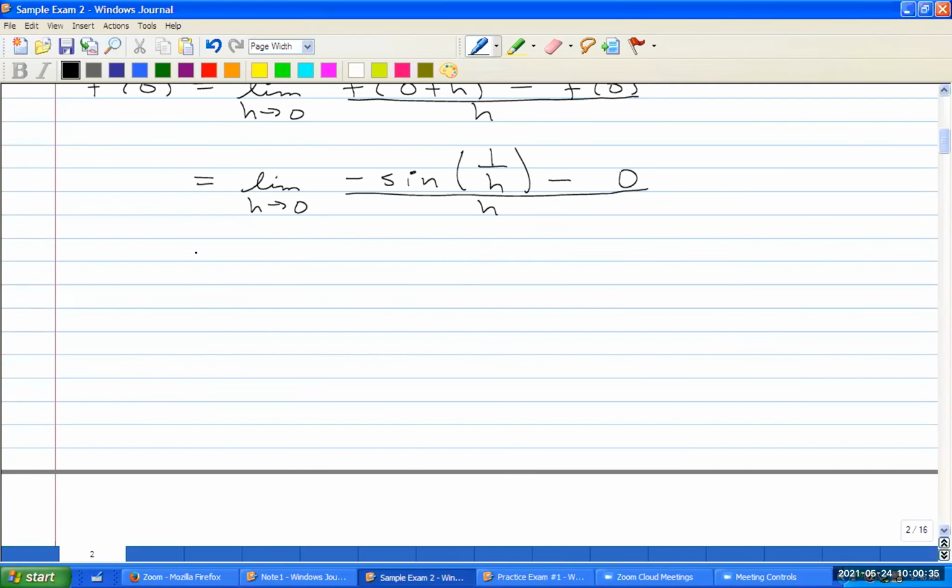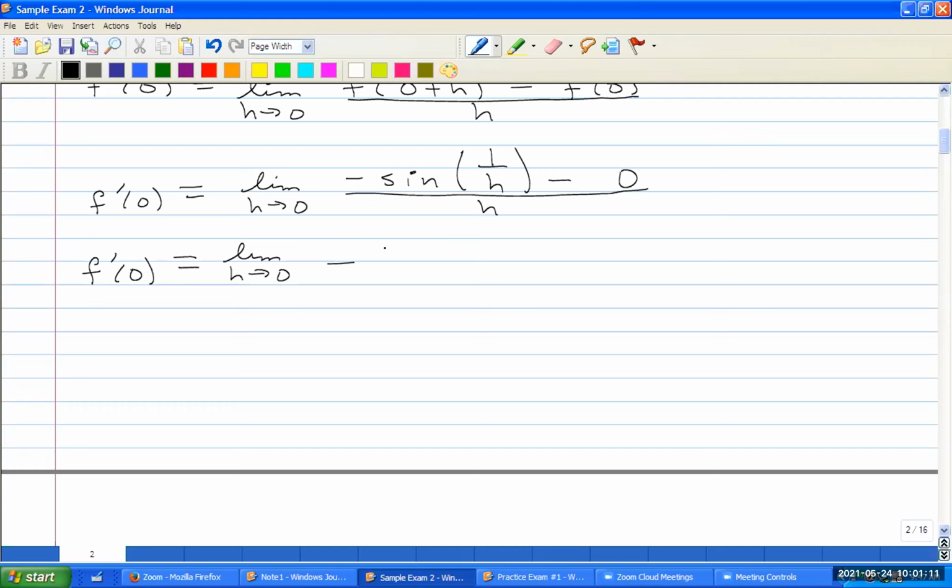So this is just the limit. This is f prime at 0. Limit as h approaches 0 of, well, negative sine 1 over h.